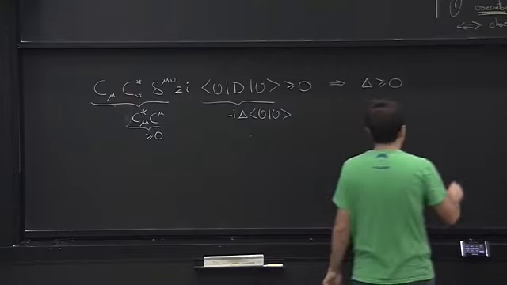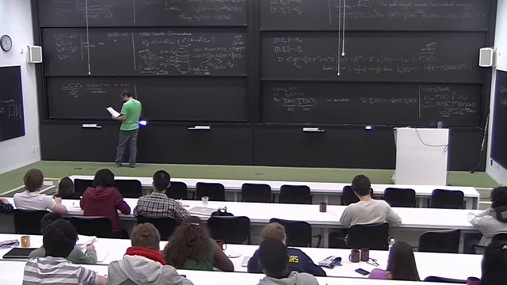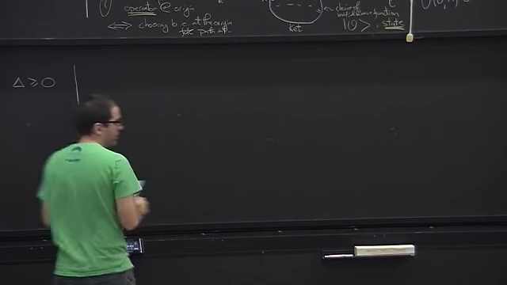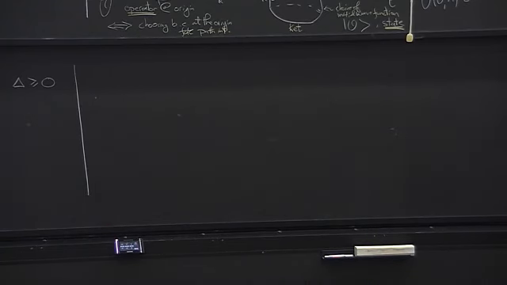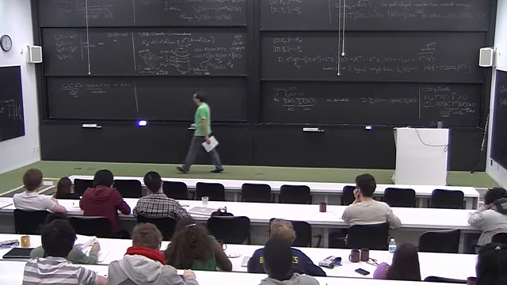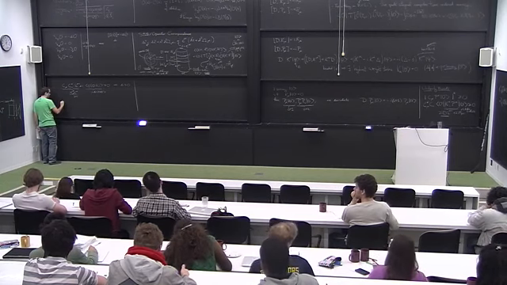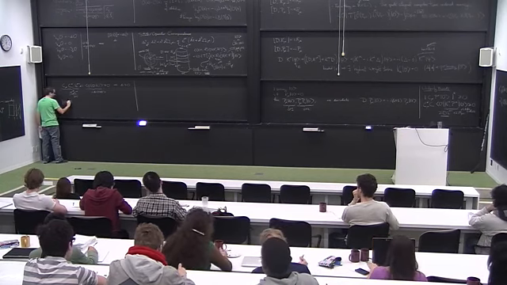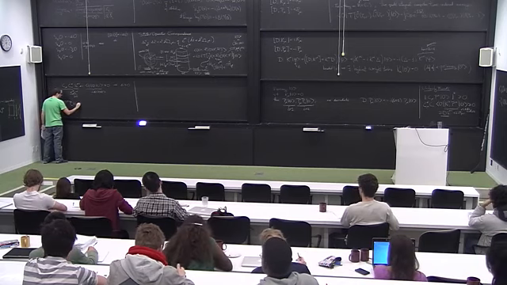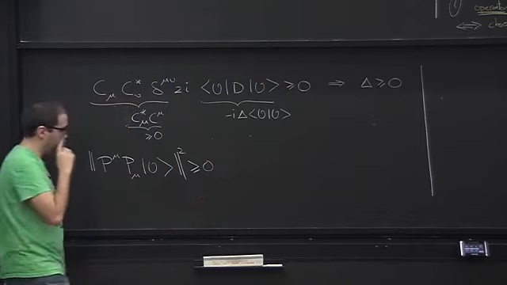Okay. Next, we could do another exercise. Wow, I must hurry. Okay. And then we can do another exercise, which is to compute, for example, what is the norm of P mu P mu acting on O. Okay.